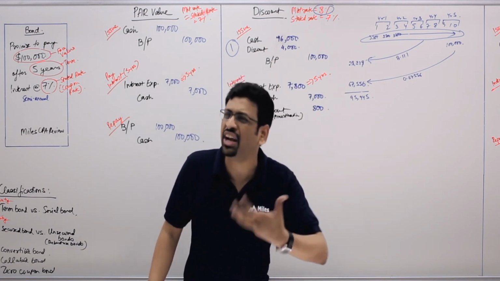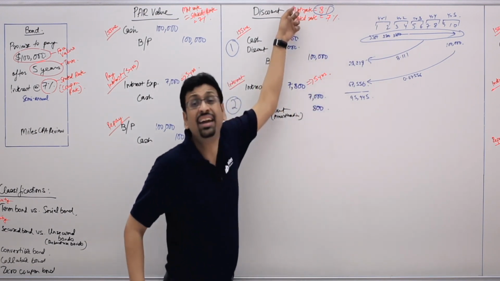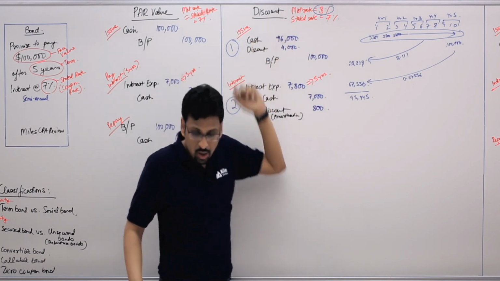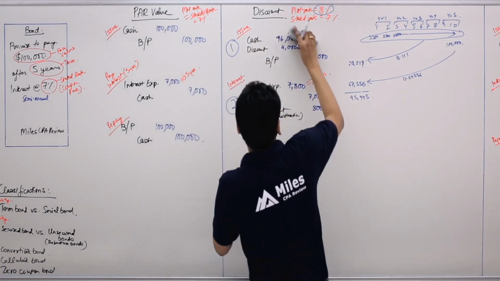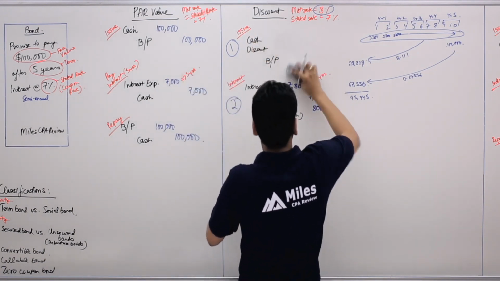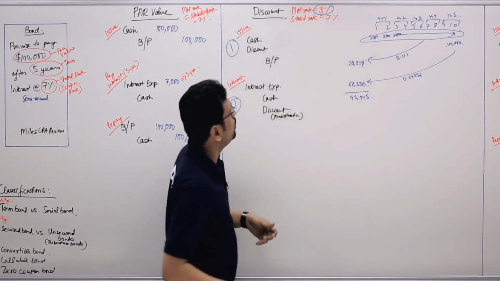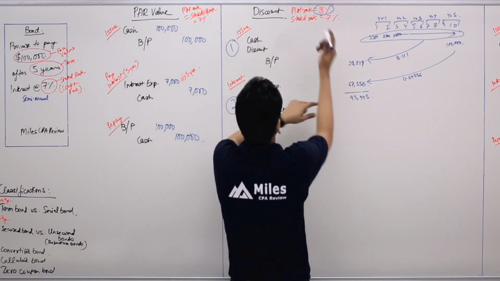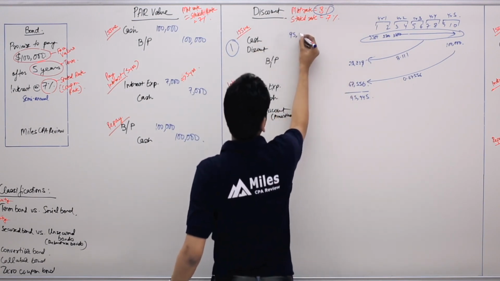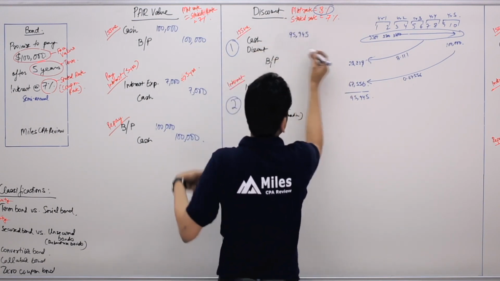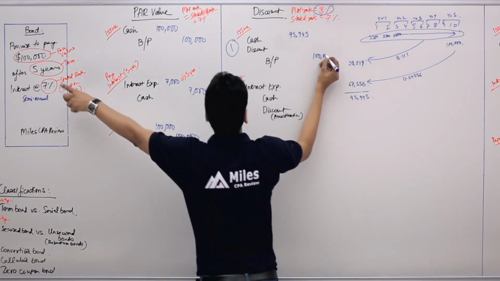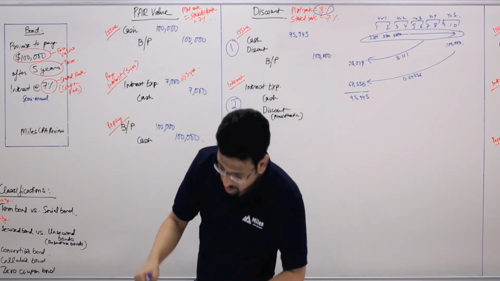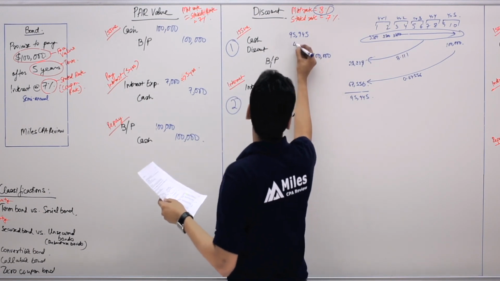That's why this is called the effective interest rate method. This market rate is your effective rate. So these were all dummy numbers that were given. Let's get to the actual numbers now. The cash received would be 95,945. Bonds payable, that's the $100,000 face value. The discount is 4,055.